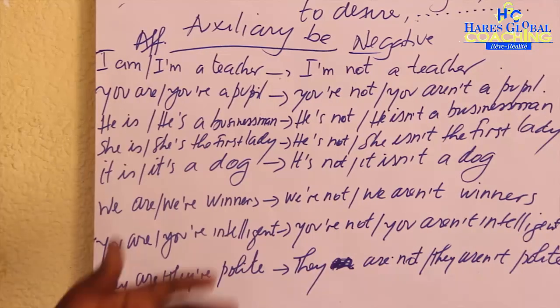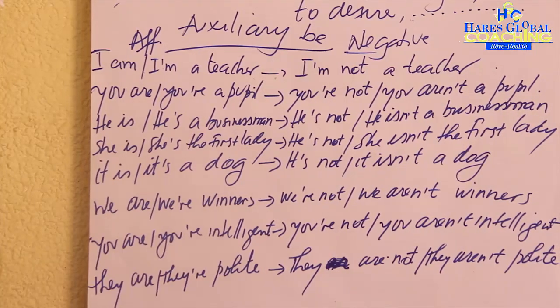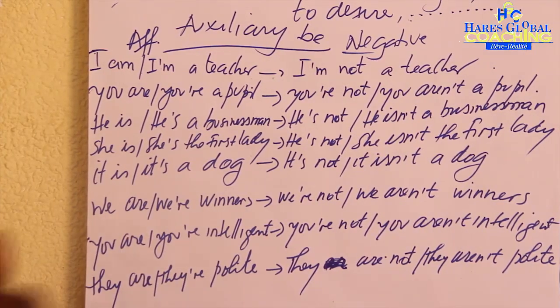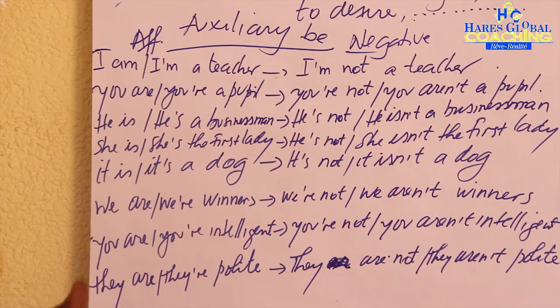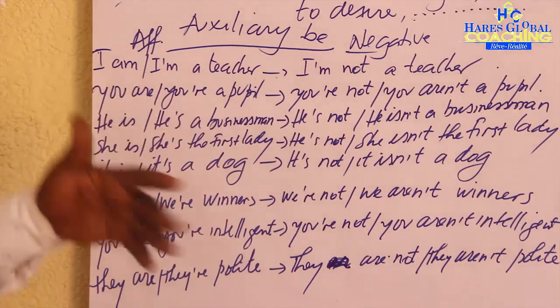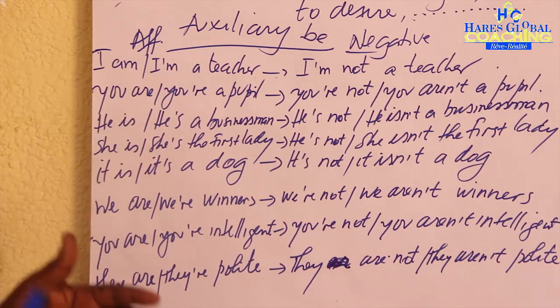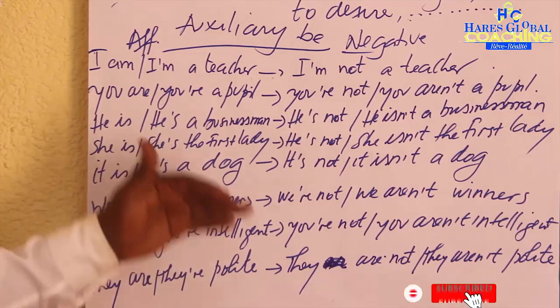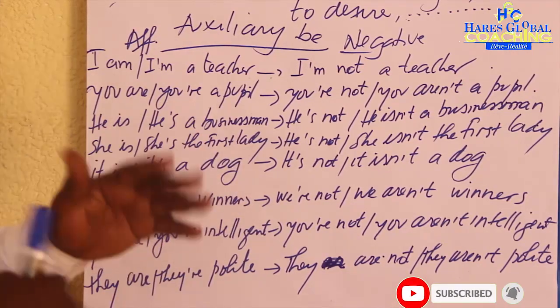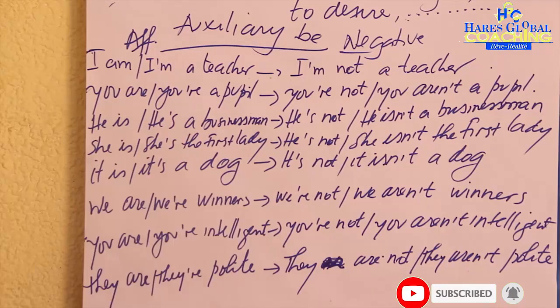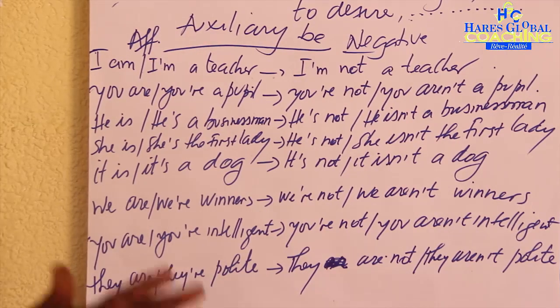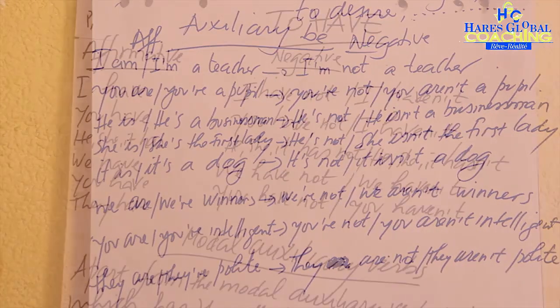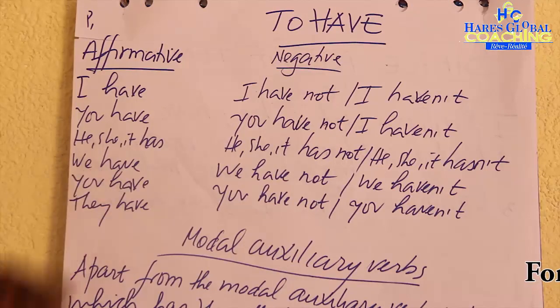It is because it will help us to make other tenses. For instance, present continuous. And this can be either an auxiliary or a verb like an ordinary verb. Then we will see this later, how it can be an auxiliary and how it can be an ordinary verb like others.